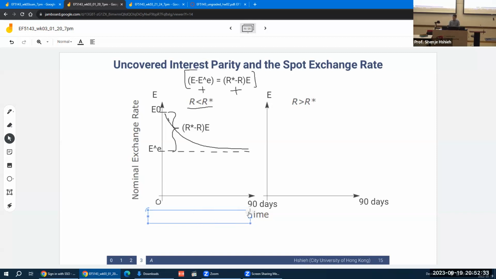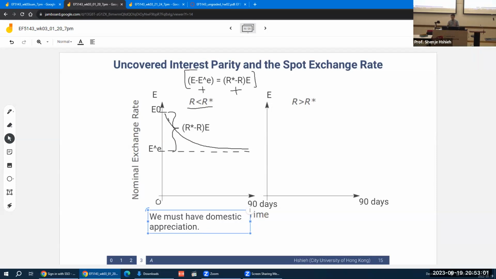So in words, what is this saying? This is saying that we must have domestic appreciation in the future. So if we have an interest rate differential that skews towards foreign interest rates, this graph tells us that we must have future domestic appreciation.